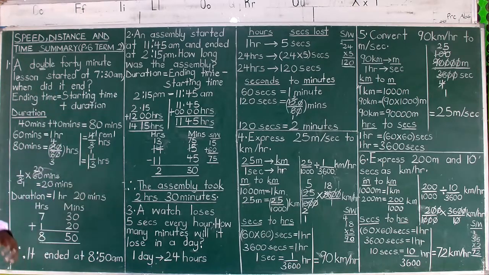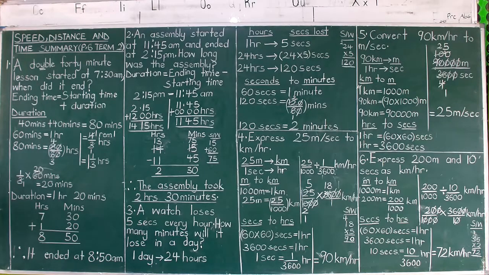Ending time is starting time plus duration. Starting time is known as 7:30 a.m., but we don't have the duration yet. So we are just doubling the 40. Duration is 40 minutes plus 40 minutes, so the lesson was 80 minutes.